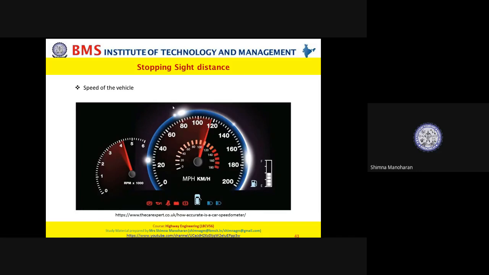Then the second distance, the braking distance, or the distance moved by the vehicle after applying the brakes, also comes into picture. That also depends on the initial speed of the vehicle. So if the speed of the vehicle is higher, then obviously the stopping distance required for the vehicle to completely stop will also be higher.